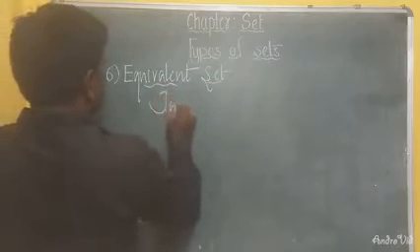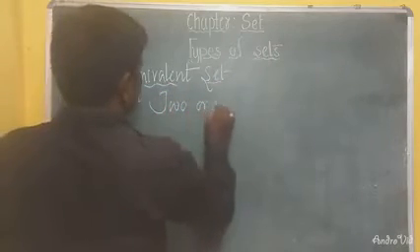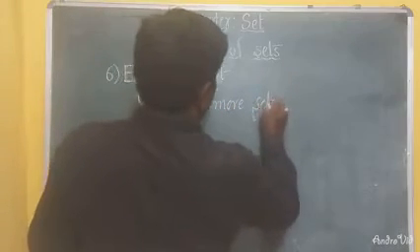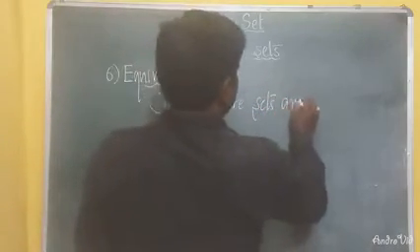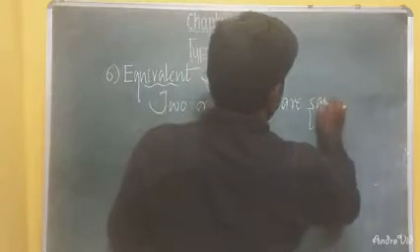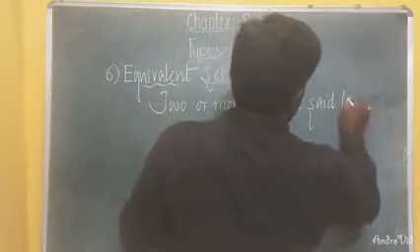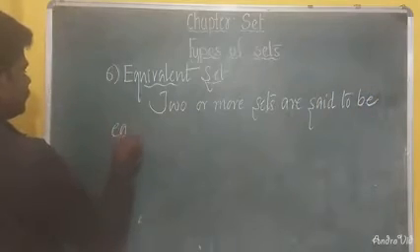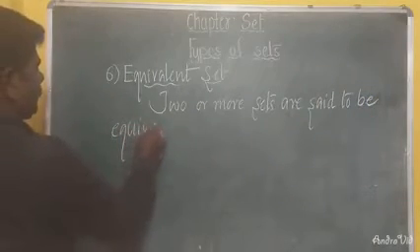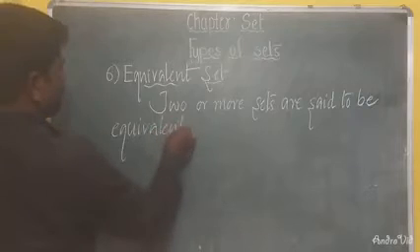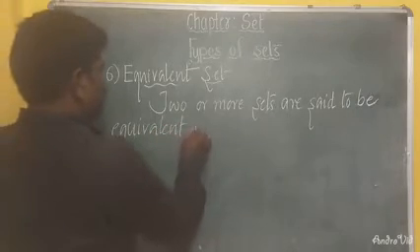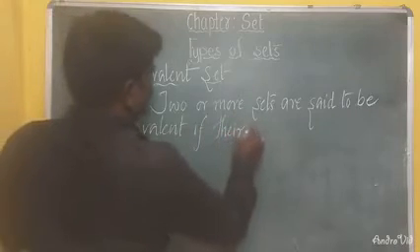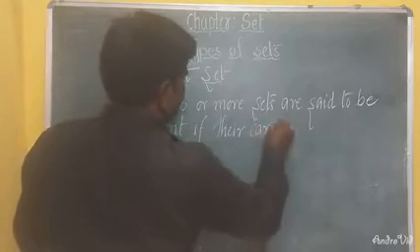Two or more sets are said to be equivalent if the first condition, their cardinality, is same.